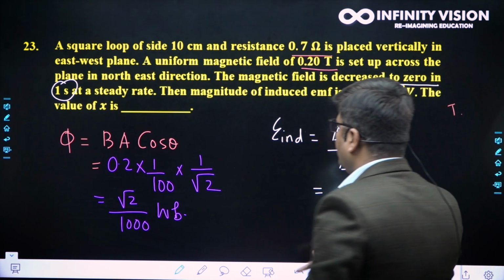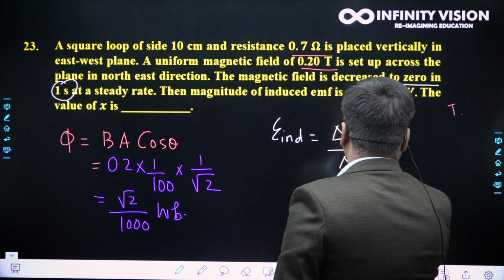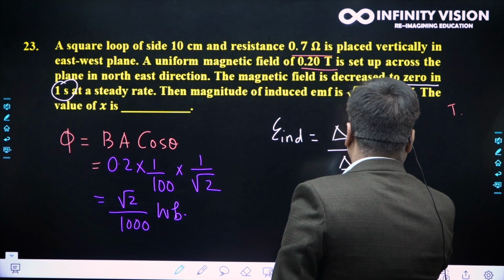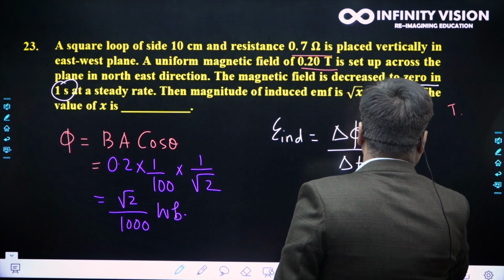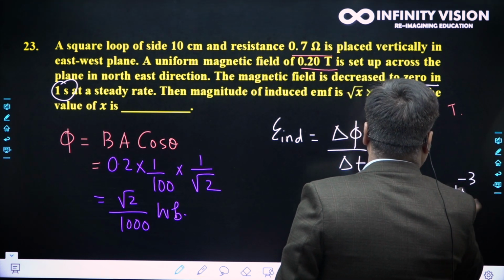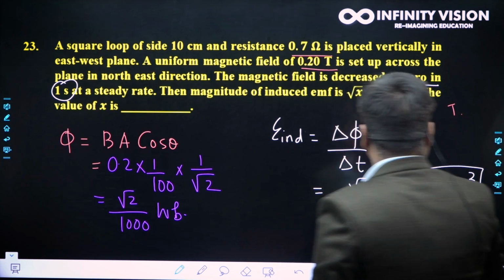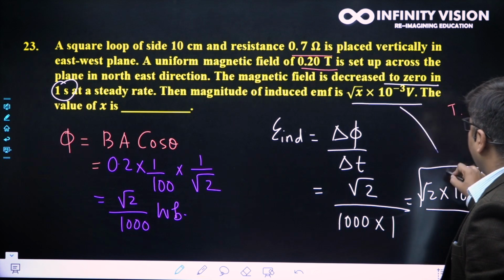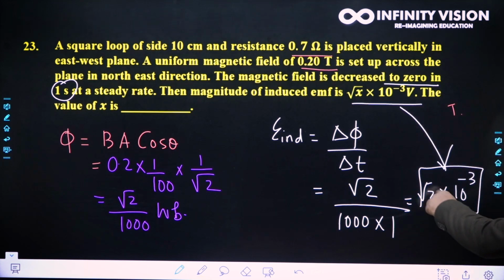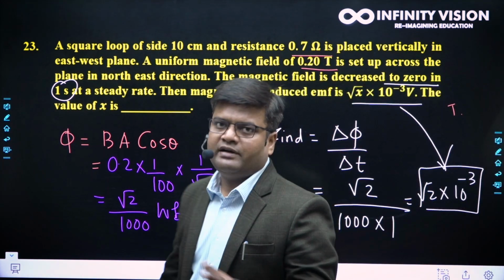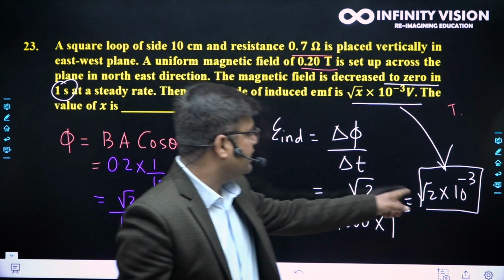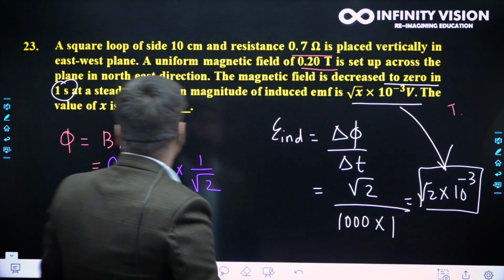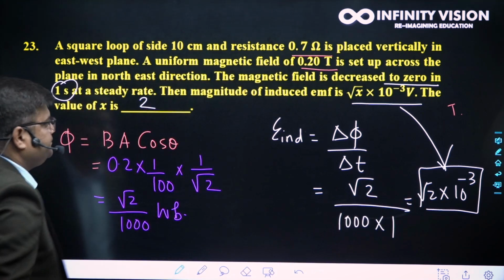The change will be equal to root 2 by 1000 itself, and time is 1. So root 2 into 10 raised to the power minus 3. This is the expression of induced EMF. Now if we compare this expression with our answer, x will be nothing but 2, because we are getting x equal to 2 over here. So the correct answer is 2.